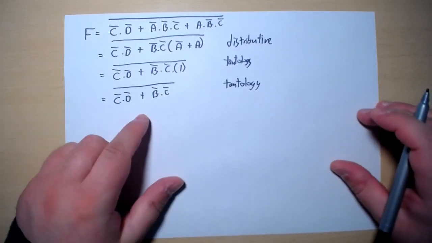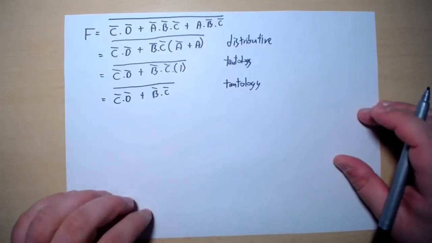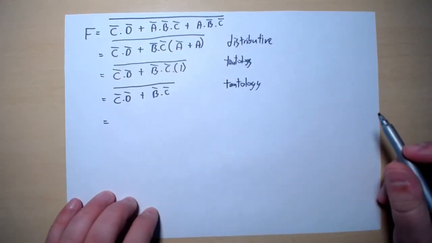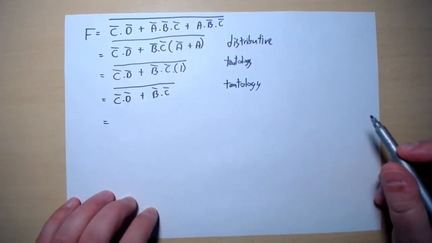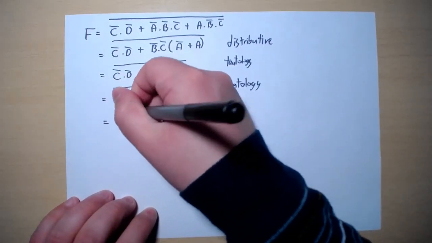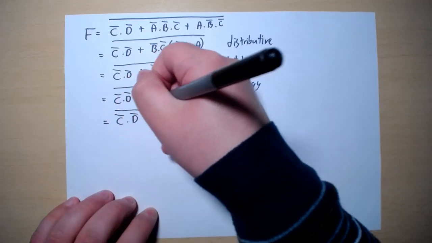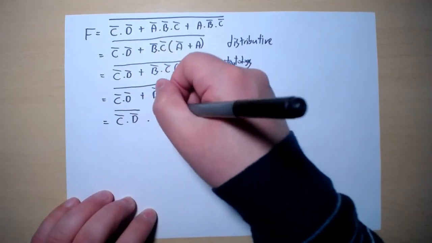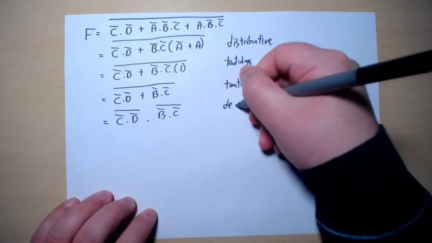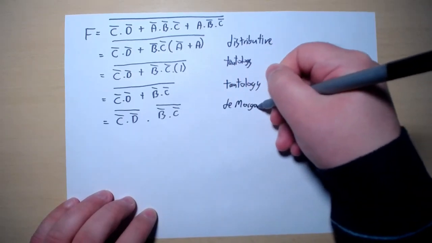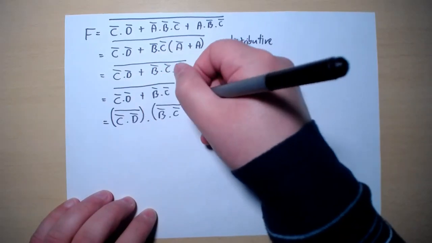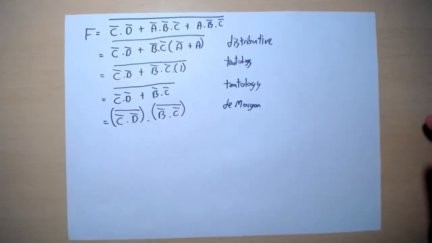Now it's time to use De Morgan, and we can split that NOT gate and change the sign. So C'D', NOT, and B'C', NOT. Remember that here we have brackets.